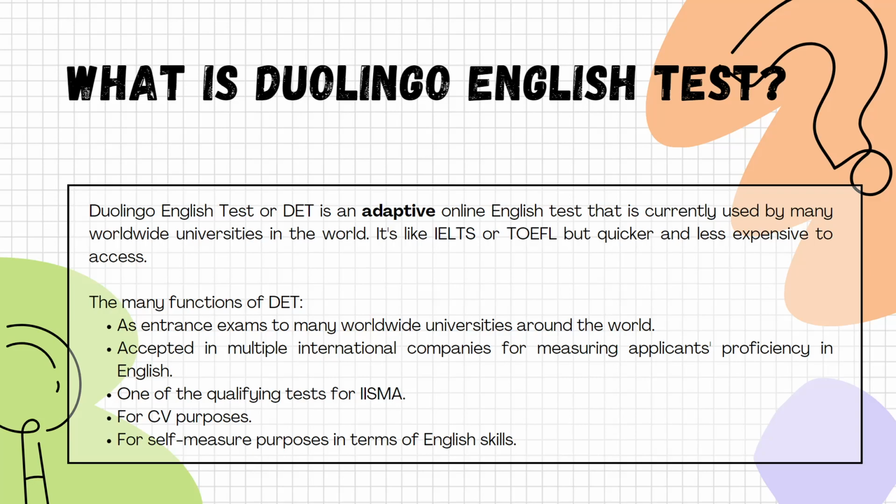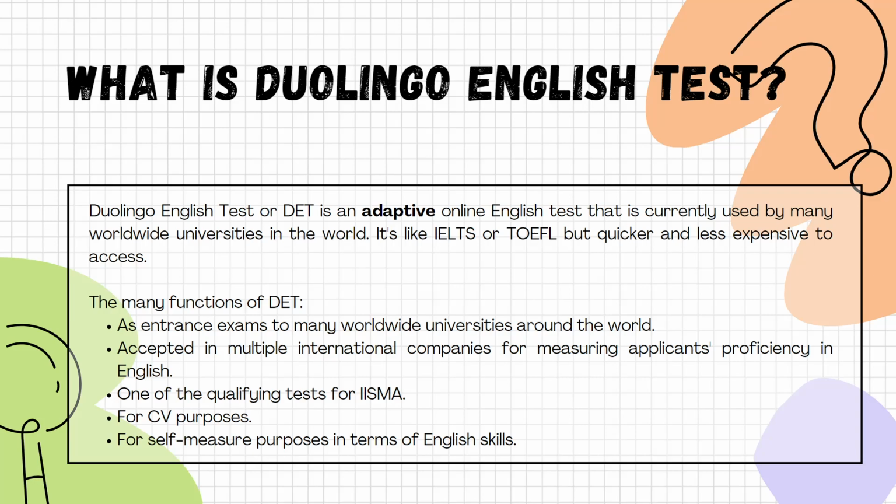And then, probably the most notable one in President University, it's one of the qualifying tests for ISMA or Indonesian International Student Mobility Award. It is basically the scholarship program given by the Ministry of Education and Culture in Indonesia, which will be able to give you an experience of actually studying abroad.